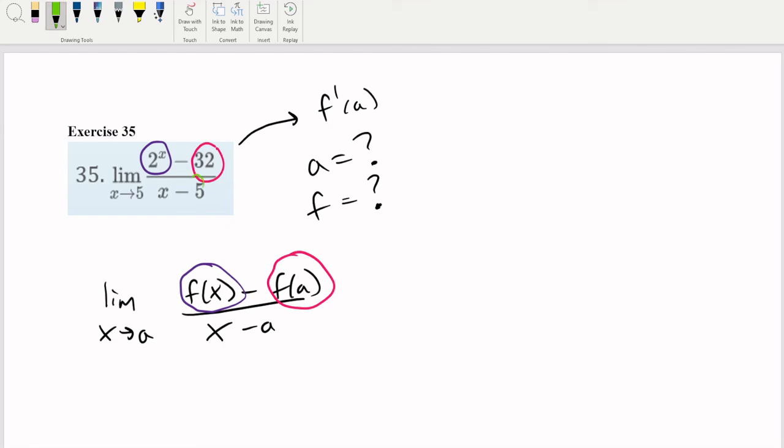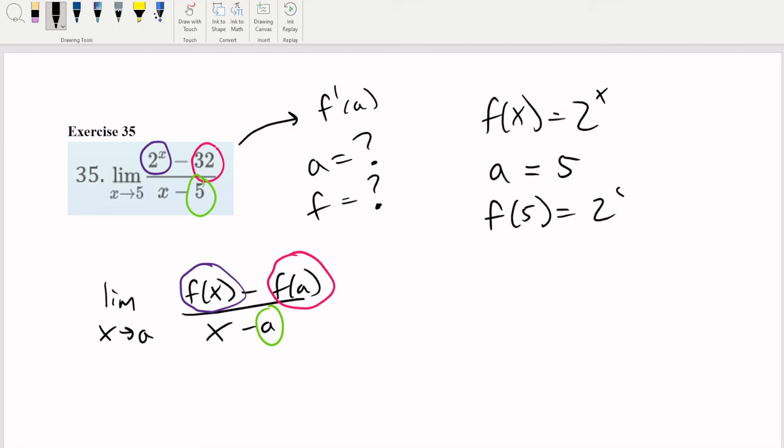And then we've got this is supposed to be a. All right. So, oh, cool. That's not too bad. So then f of x is 2 to the x. Neat. All right. What else? Well, a is going to be 5. And then as a double check, right, f of 5 is 2 to the 5th, which is 32. So awesome. That's exactly what we were hoping it to be.